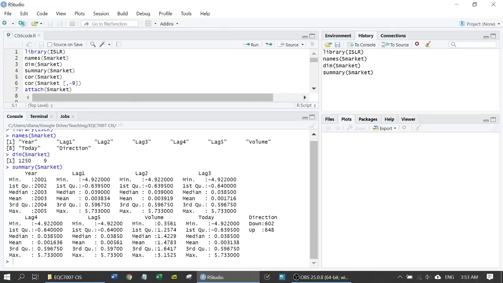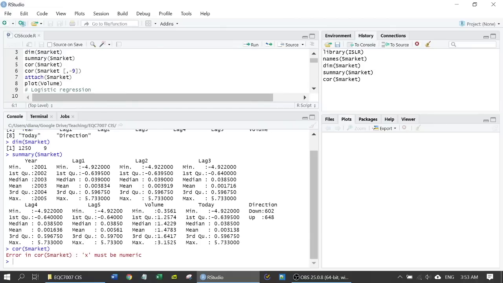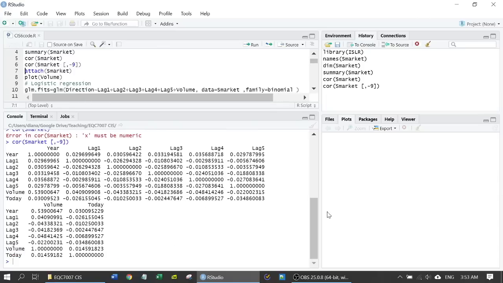If we just run the function cor, which is for correlation, you will find an error, because one of the variables is categorical. Basically you can't find the correlation matrix if your data set has a categorical variable.